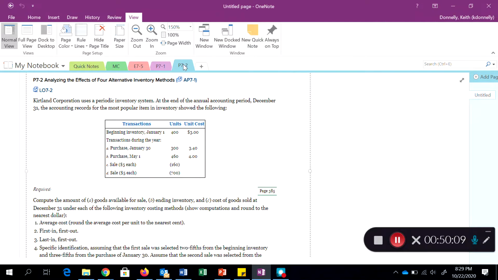The last one here is 7.2. So this is just another average cost, first in, first out, last in, first out. Let's look at it here.